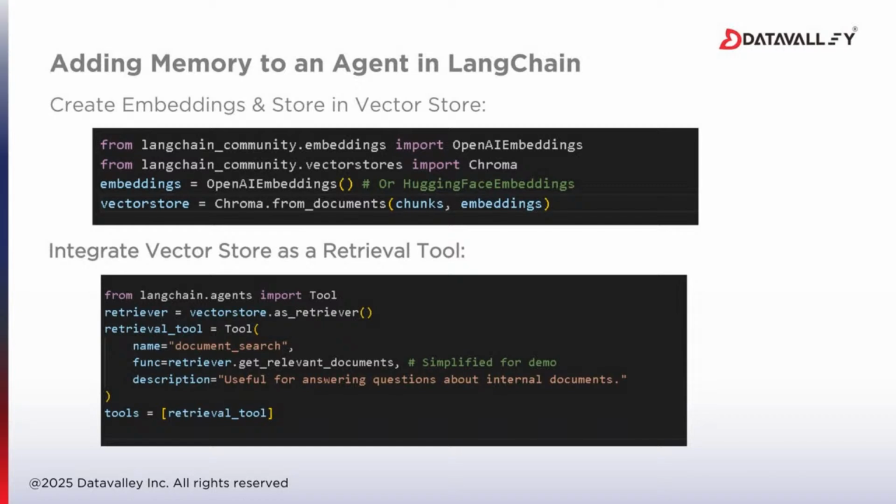Next, integrate the vector store and return the tool. Up to here we have seen how to ingest the data into the store. Next, what if we want to retrieve? That's why we are creating a retriever from the vector store. As in our previous videos, we have talked about making these tools. Here we are defining a custom tool for an agent. We have the Tool class, which is used to define a specific action or capability that an AI agent can perform.